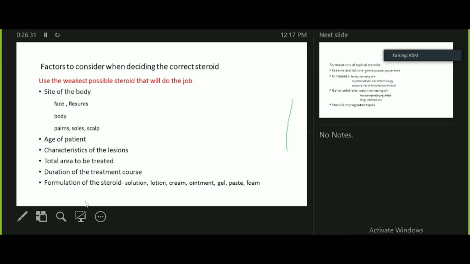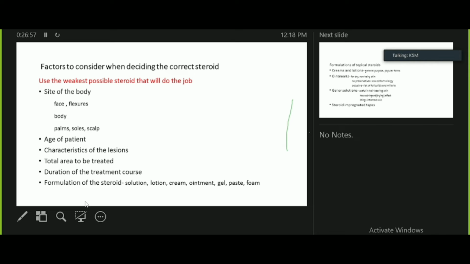For very thick lesions you have to use potent ones, and for thin lesions it's always less potent ones. Again, the total area to be treated has to be kept in mind. If you apply steroids over a large area, the amount absorbed is high, so systemic absorption is high and might cause systemic side effects.